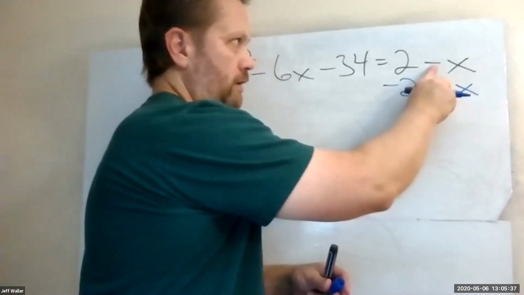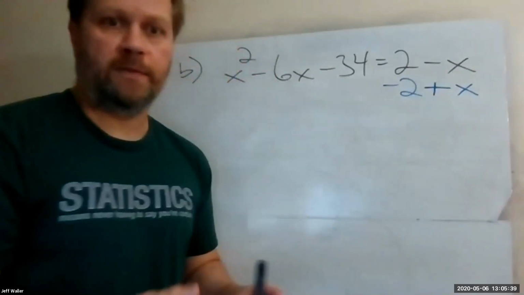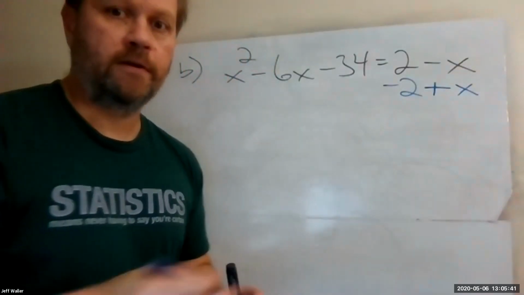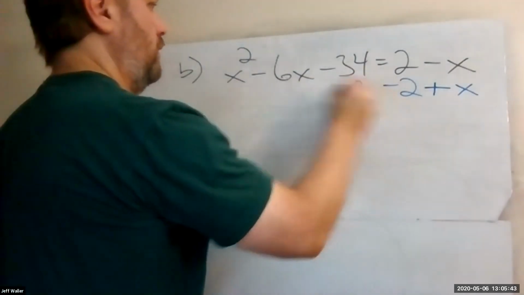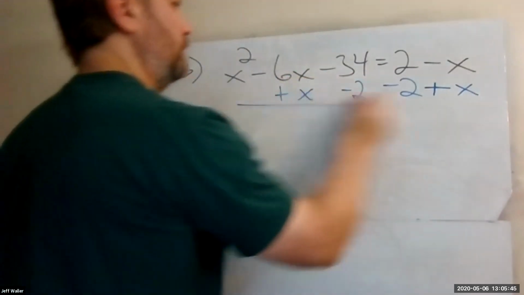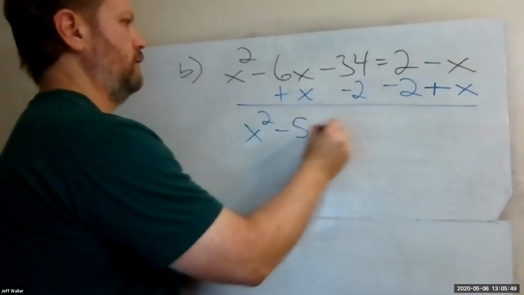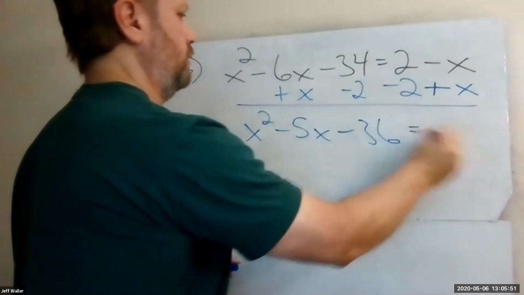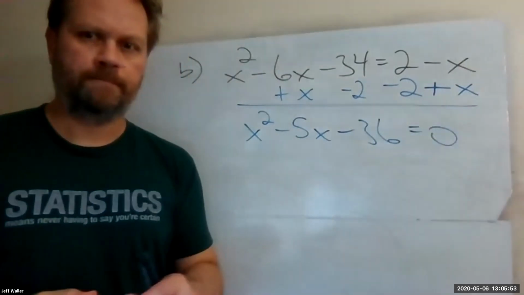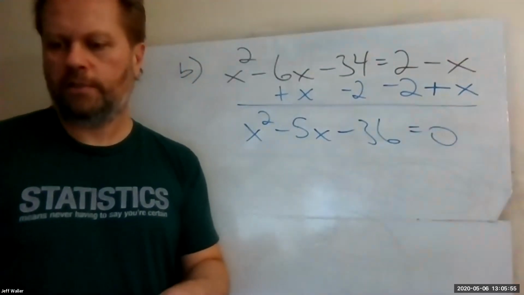Add x. Cancel those, right? I want to make it come out to be 0. We've got to cancel them. So I've got to subtract 2 and add x. So I get x squared minus 5x minus 36 equals 0. Okay, finish it up.